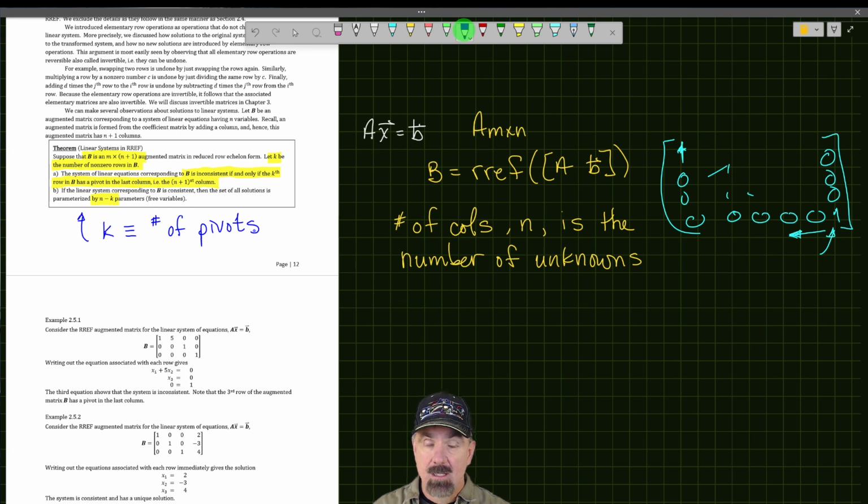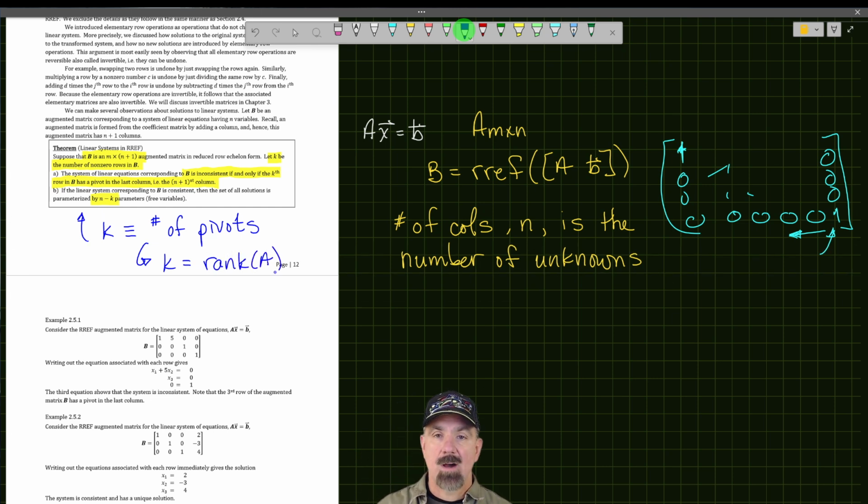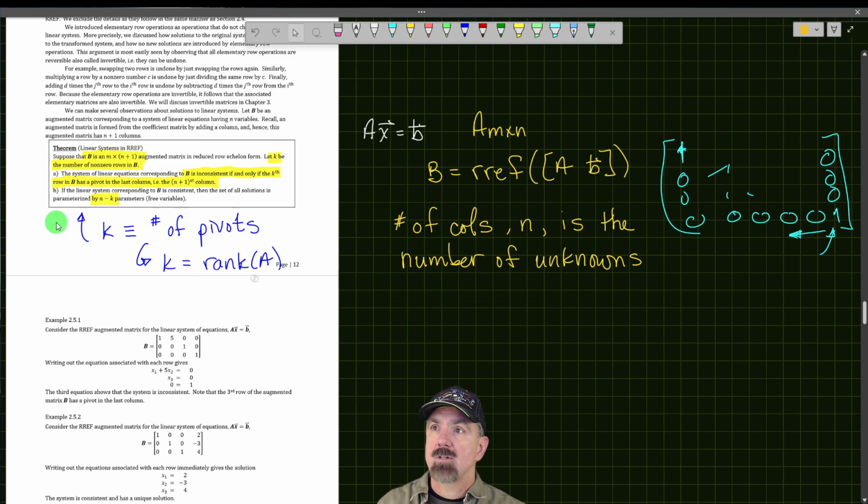It's giving us the rank of A. So this is really K equals the rank of the matrix A when we're talking about AX equals B. All this really means is that if we take all the unknowns that we have and take away the number associated with the rank, which are the number of fixed variables, then what we're going to be left with are the number of free variables.